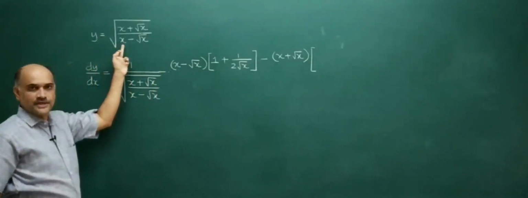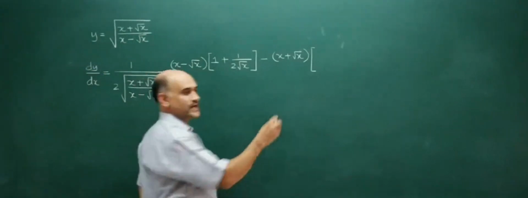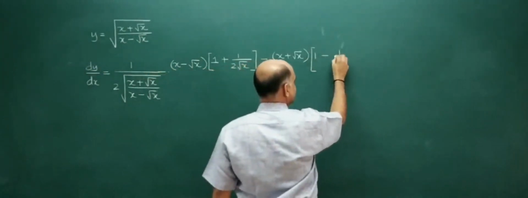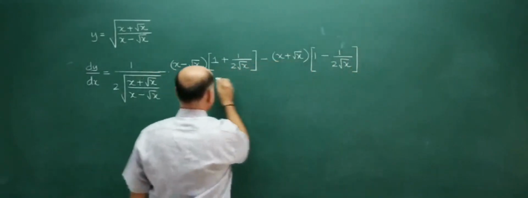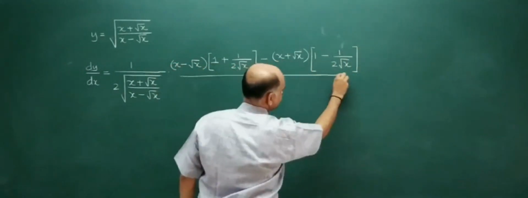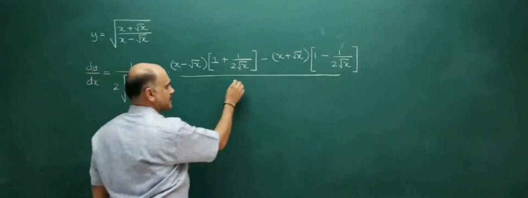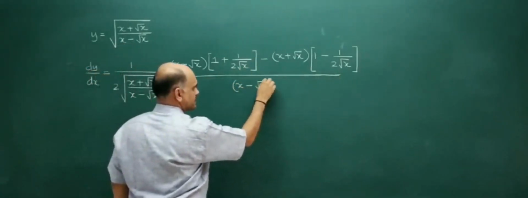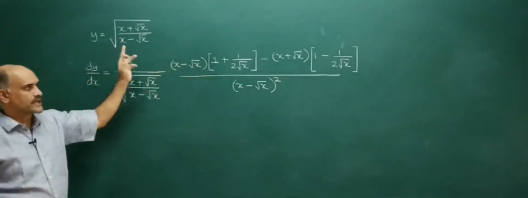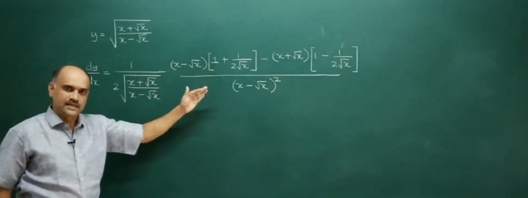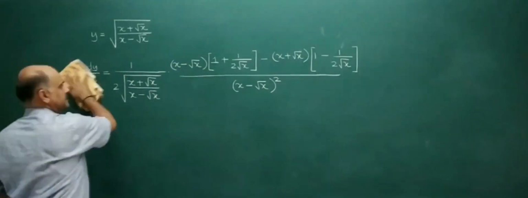Differentiation of denominator is 1 minus 1 by 2 root x, whole divided by denominator square. So denominator is x minus root x bracket square. Clear, students?